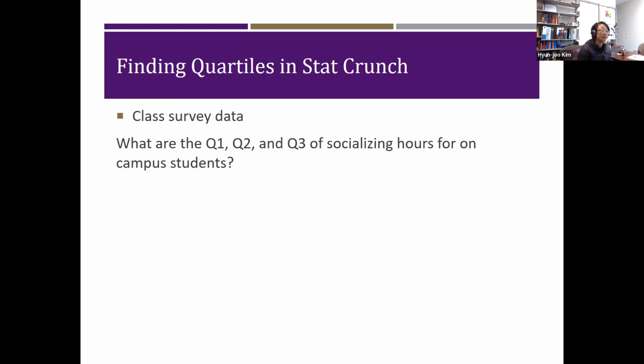Okay, now that we've learned all those things, let's see. You probably cannot get the z-score from StatCrunch, but let's get Q1, Q2, Q3 in our class survey data. We played with the socializing hours for on-campus and off-campus before.